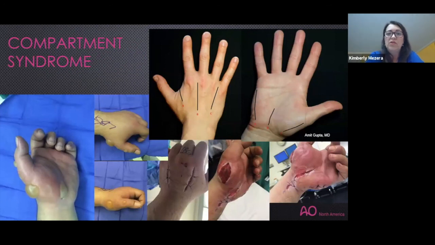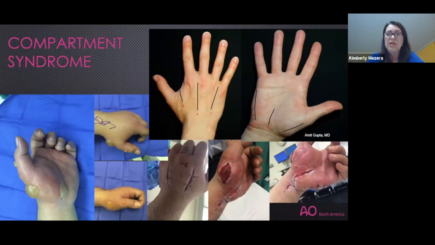We have 4 dorsal, 4 palmar interossei, and then your thenar, your hypothenar, and your adductor, which is often a forgotten or missed compartment. So if you're going to do a full release, think of releasing 11 things. That's why I think it's really helpful.